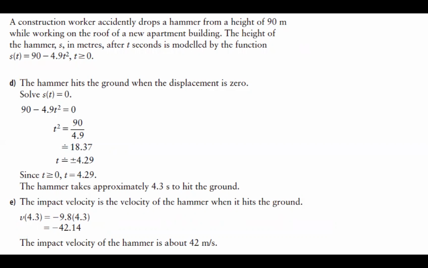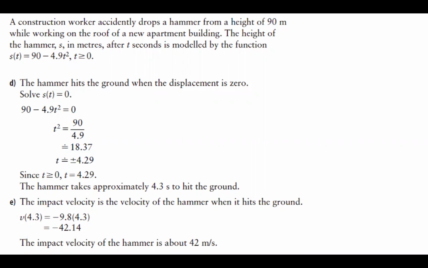And the solution is t either negative or positive 4.29. Because t is greater than or equal to 0, we only keep the positive answer. Therefore, at approximately 4.29 seconds, the hammer will hit the ground.